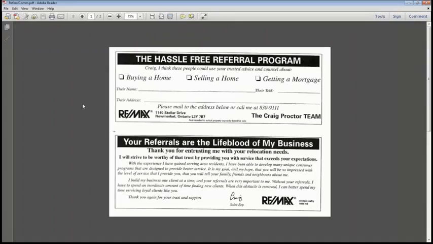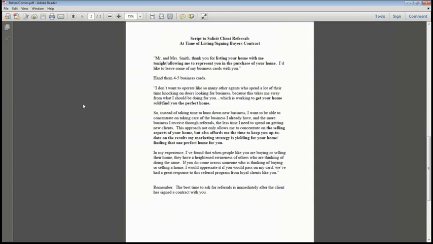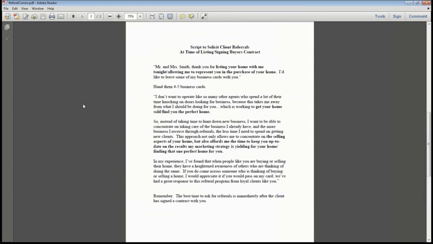The back of it, at the top, says hassle-free referral program, where they actually fill in the name and the address of the prospects that they want to refer to us, and they pop this in the mail. Now, the language, scroll down to page 2. This is the language that you're going to use after you get the listing agreement signed.